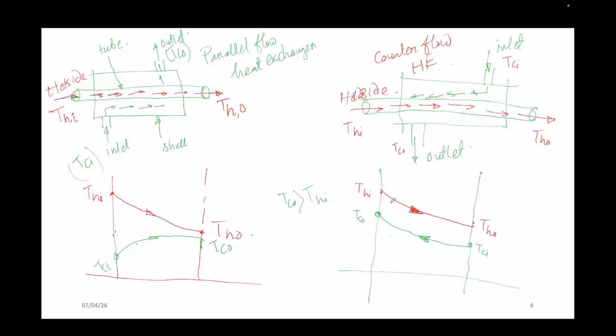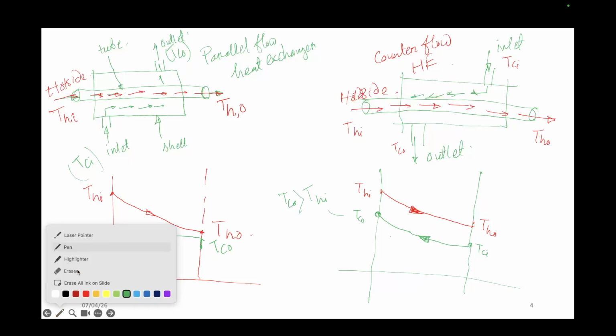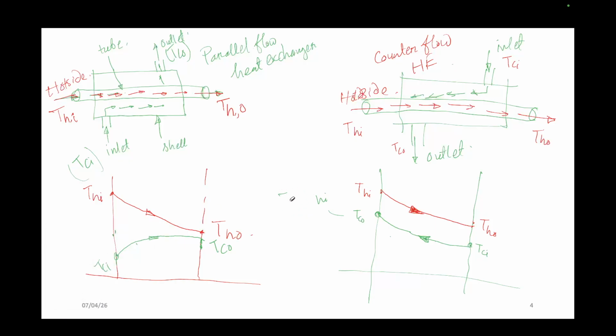Can it be possible? It depends on the mass flow rate. If the mass flow rate of the hot fluid flowing through this region, if its volume is more, in that case it can happen. So how to understand whether this is happening or not? That is the question, right?